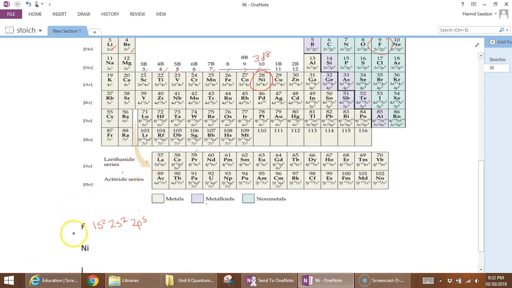Just like with fluorine, I'm going to start at 1s2. You follow the exact same sequence every time: 2s2, 2p6. Now you have to fill that subshell before we go to the next one. If you've forgotten, S can hold a maximum of 2 electrons, P can hold a maximum of 6, D can hold a maximum of 10, and F can hold a maximum of 14 electrons.